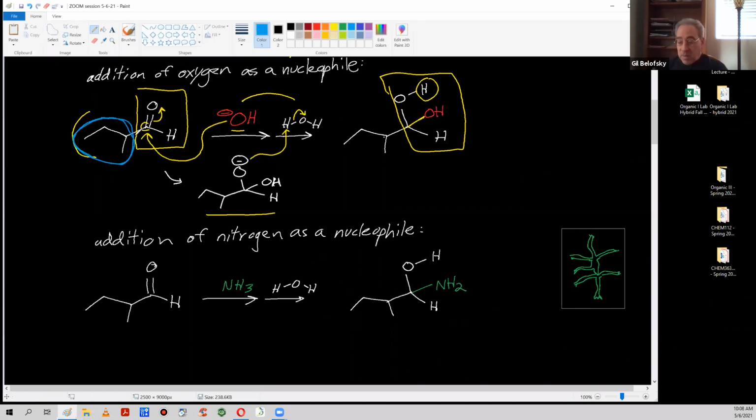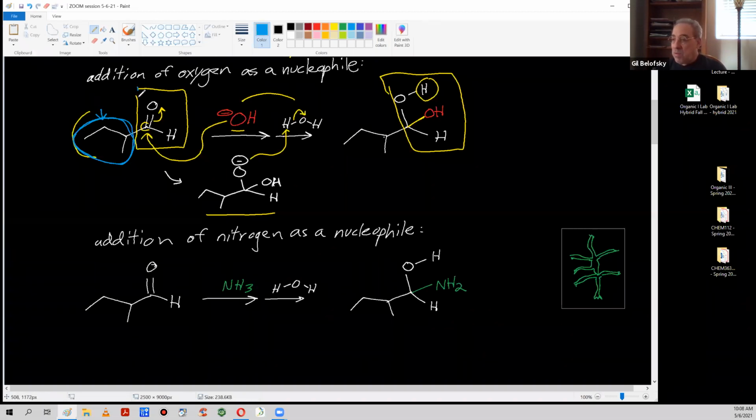For me, personally, that's just way too much to try to memorize, because the number of groups that could be on either side of the carbonyl is literally infinite. You can truly create an infinite number of structures on both sides of that carbonyl. So I really advise against always memorizing as a strategy.